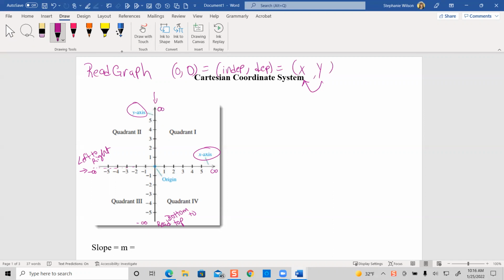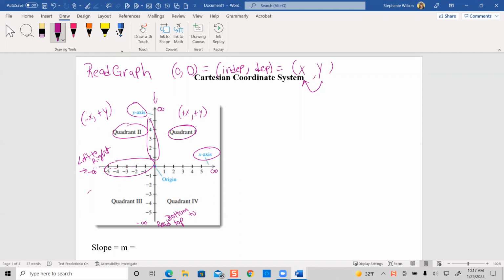Okay, so let's talk about this coordinate again, this graph. Whenever we talk about the graph, we already discussed what the origin is. It's the center. Both x and y are 0. Quadrant 1 is this first quadrant, and in it, x is positive, y are all positive values. Quadrant 2, look at it. My x are all negative values, and my y is all positive values.